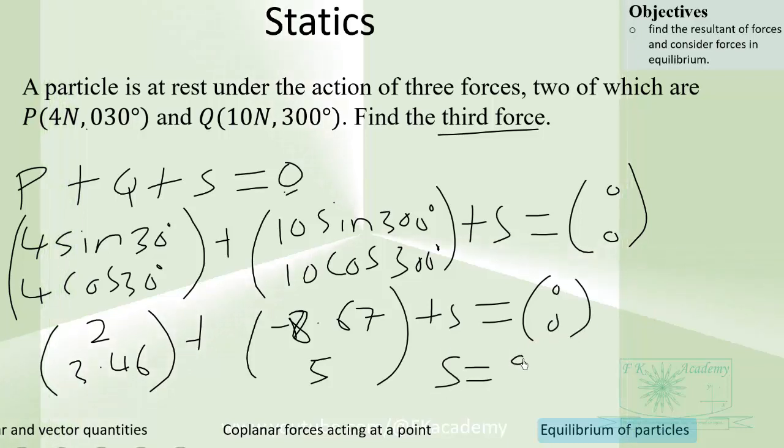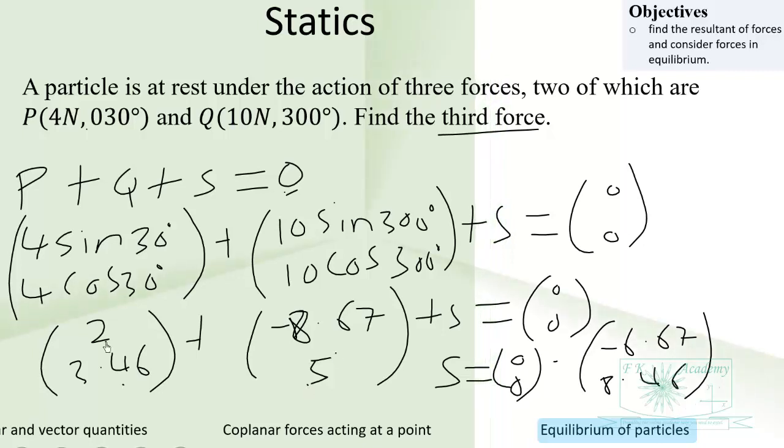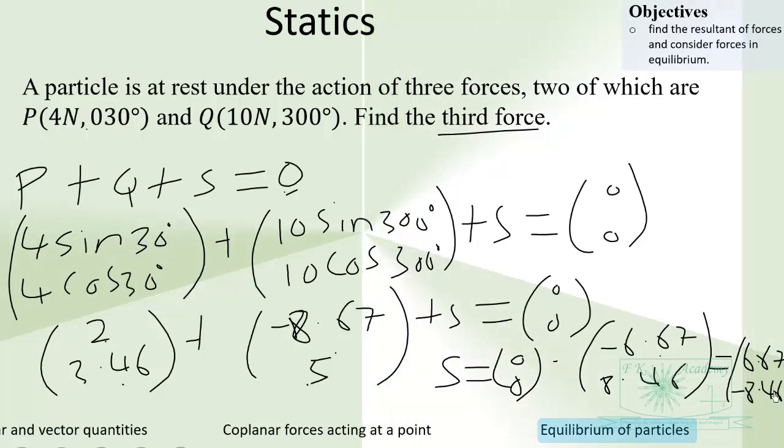So S will be equal to 0, 0 minus negative 6.67, then 8.46. Because this and this will give us 8.46. This and this will give us negative 6.67. So when we simplify this, we are going to get 6.67 and negative 8.46. So that is the third force. Then we need to convert this to magnitude and direction form.